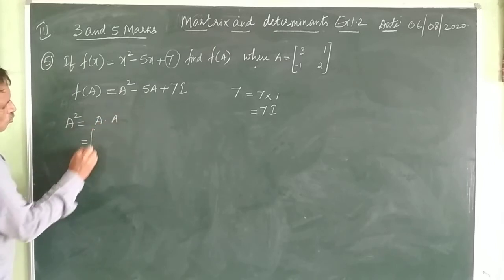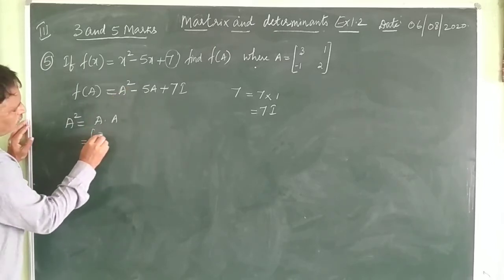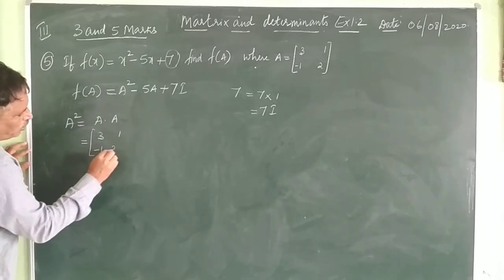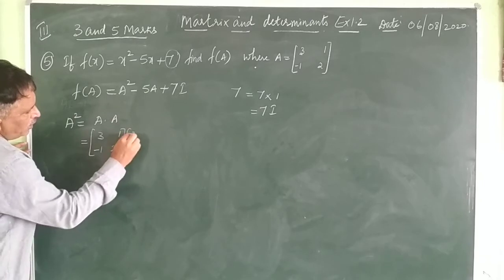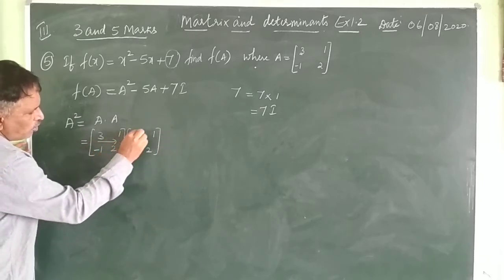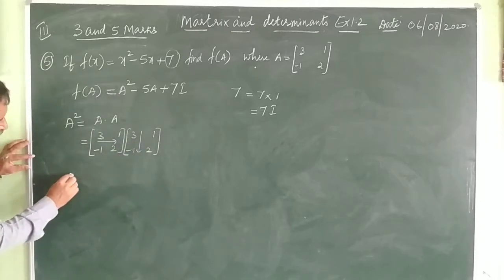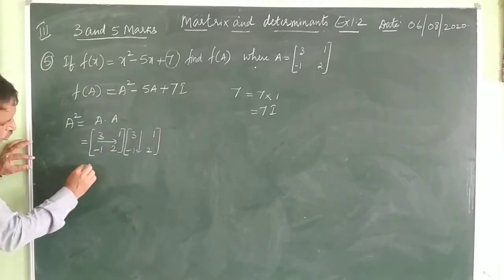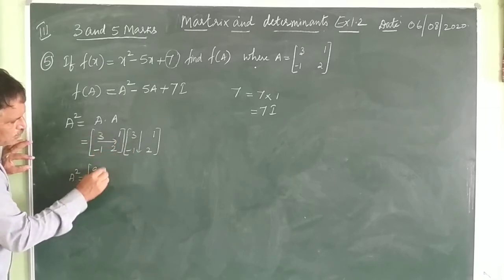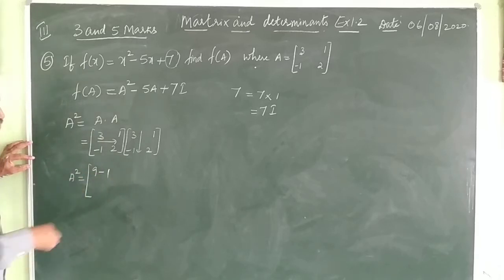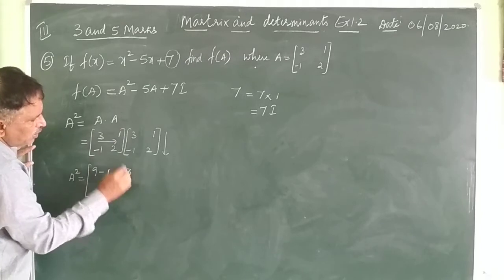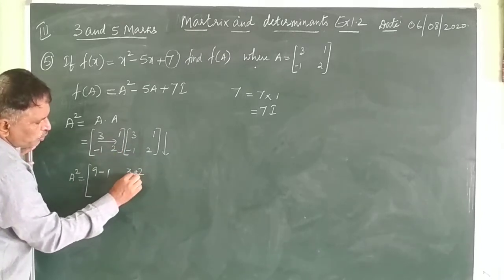Now, A squared is equal to A into A. So A is 3, 1, minus 1, 2, multiplied again by 3, 1, minus 1, 2. First row, first column: 3 threes are 9, plus minus 1 into 1, minus 1. First row, second column: 3 ones are 3, 1 into 2, 2 with positive sign.